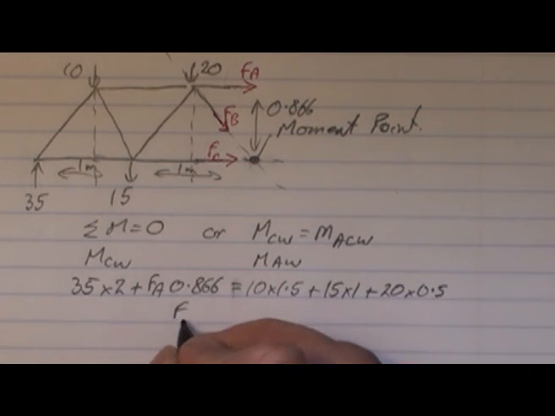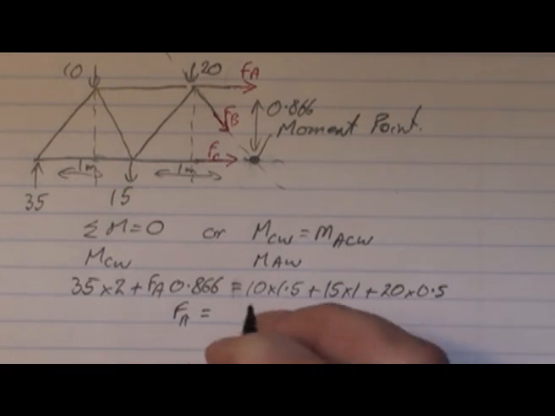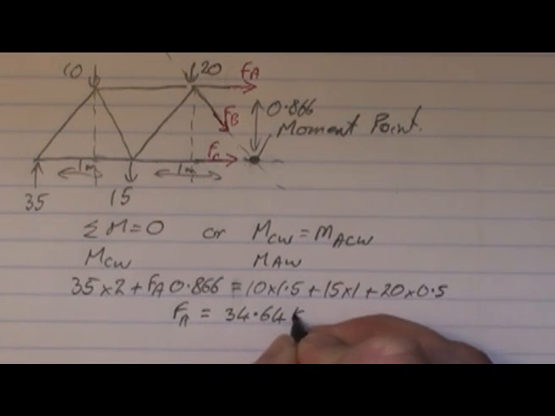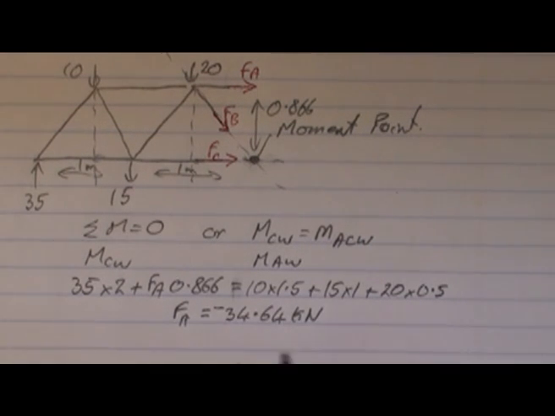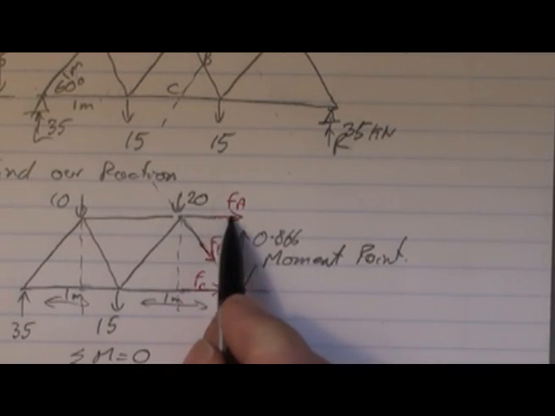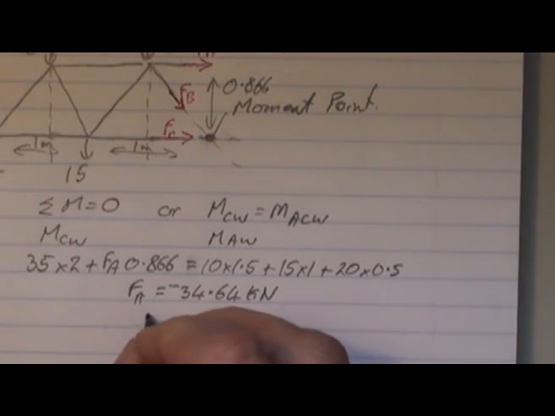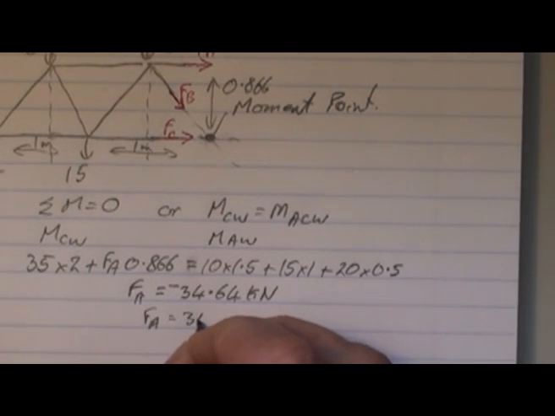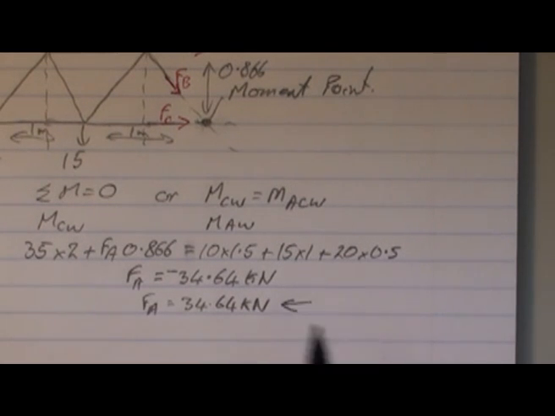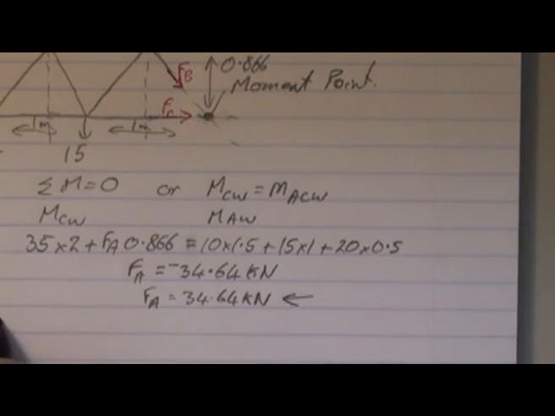If you rearrange that, you will get FA equal to negative 34.64 kilonewtons, which is telling us that the force is actually in the opposite direction to the arrow. We assumed an arrow this way, so in fact FA will equal 34.64 kilonewtons going that way. We'll draw that onto the frame at the end. Let me do that.